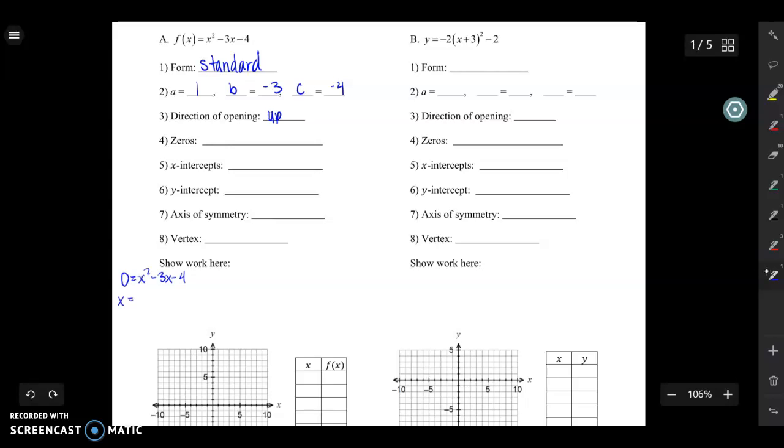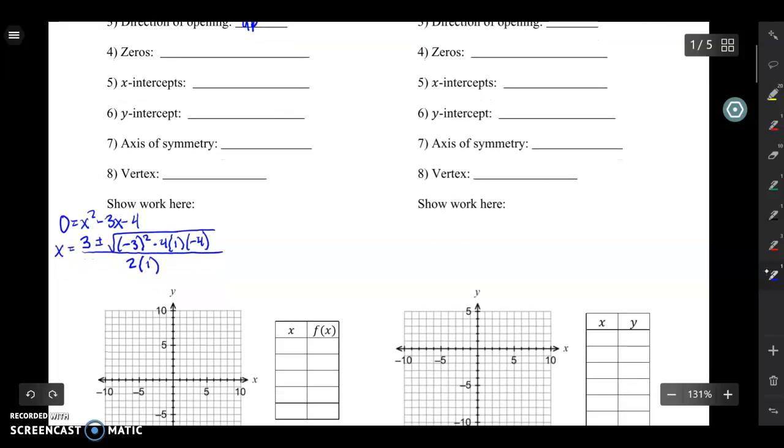I'm going to have x equals -b, so 3, plus or minus the square root of b squared minus 4 times a times c. All of that is over 2 times my a value.